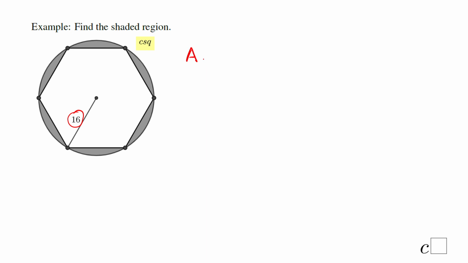I'm going to find the area of the circle because that is the first step, and it's an easy one, pi r squared, and that will be pi times 16 squared, and that will be 256 pi.